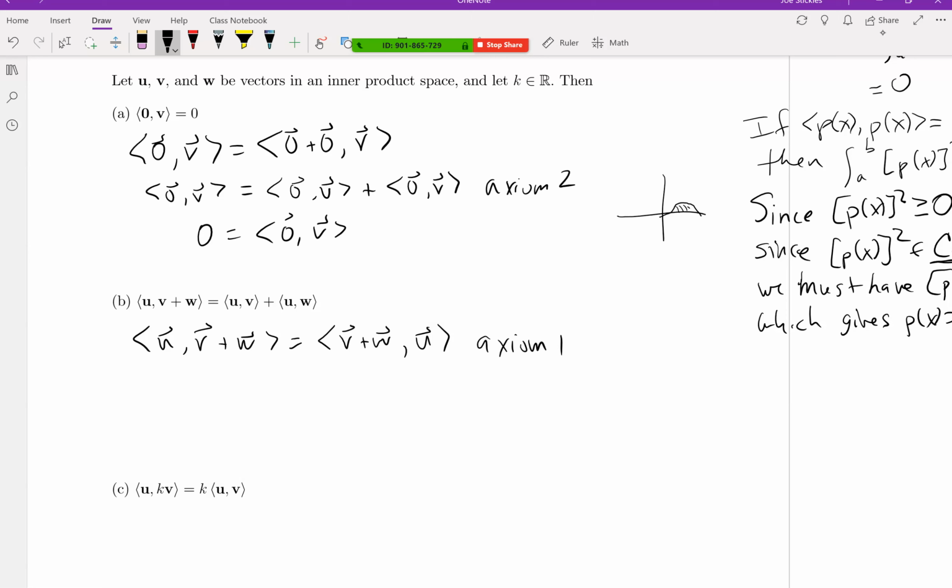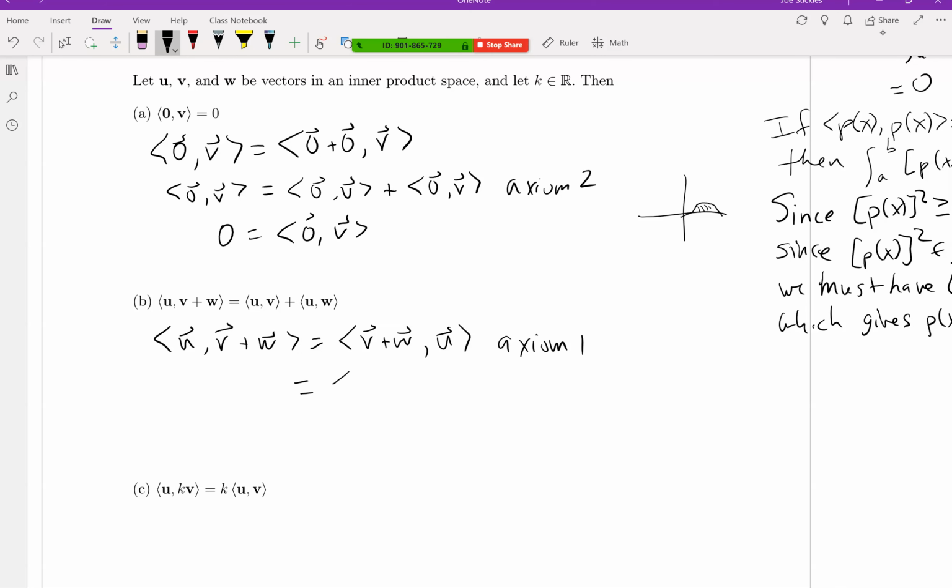So get v plus w, comma u. Then distribute. And that's axiom 2.